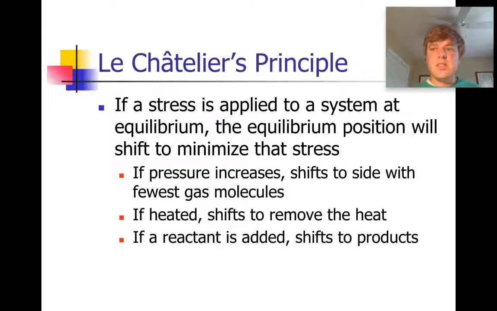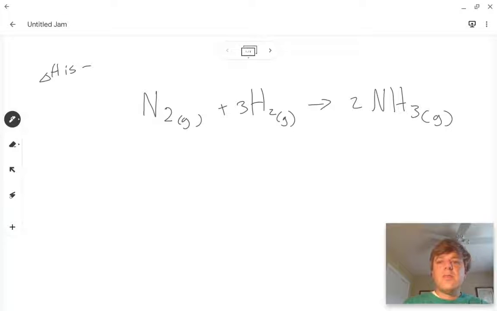And so we're going to look at a couple of examples here. This chemical reaction right here is one of the most important reactions ever developed. It is called the Haber process, named after the evil genius Fritz Haber, who developed the way to turn nitrogen gas and hydrogen gas into ammonia.